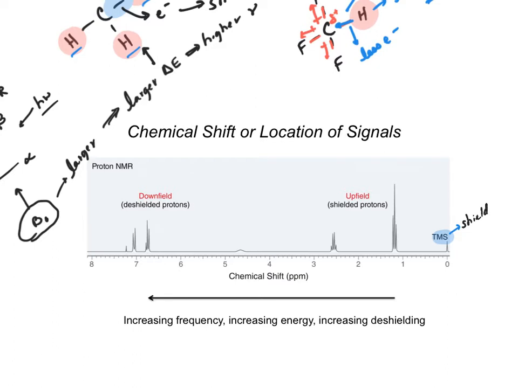So because of that, in our NMR spectrum, these protons will absorb at the lowest frequency, the lowest energy. And they essentially set what we define as our zero in the overall NMR spectrum. So in every NMR spectrum, you have your compound, but you also have TMS in there to define your zero on your overall spectrum.